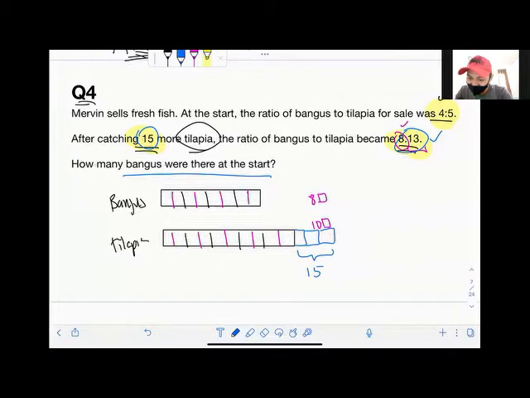Since dun po sa tilapia, sir, yung tatlong boxes, magiging 3 boxes equal to 15 po, sir. Then, each box there is 5 tilapia, sir. 1 box is 5. Okay.